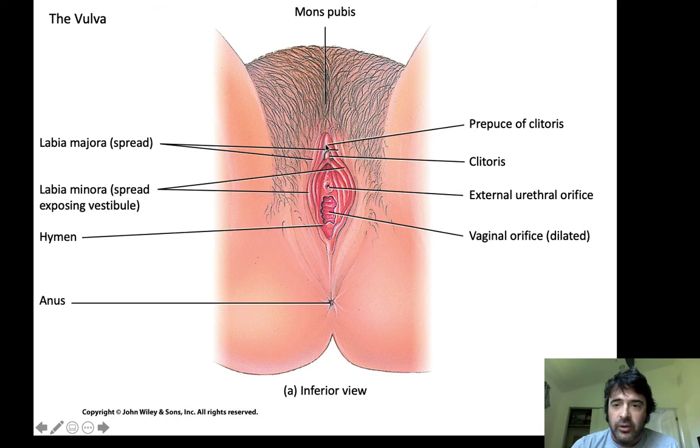And the clitoris is covered by the prepuce, or the clitoral hood, and it has a much higher density of sensory receptors than the penis. If you remember from our discussion of sexual differentiation, the clitoris and the penis are homologs of one another, meaning that they both develop from the genital tubercle during sexual differentiation.